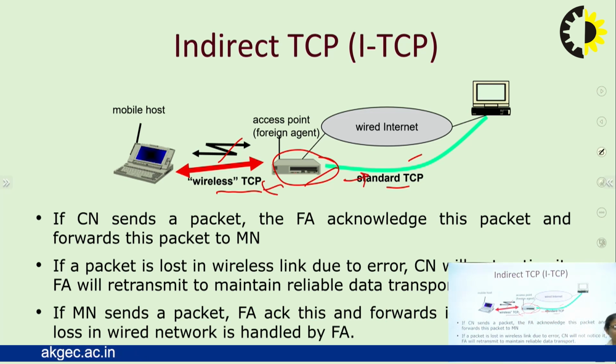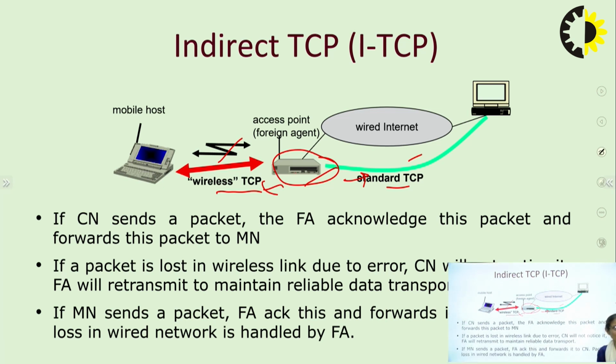Now what happens if the CN sends a packet? The FA acknowledges this packet and forwards it to the MN. That is, the CN is sending some data in this direction. Now what will the FA do? It will send the ACK on behalf of the mobile host, and after sending the acknowledgement, it will send the packet into the wireless environment.